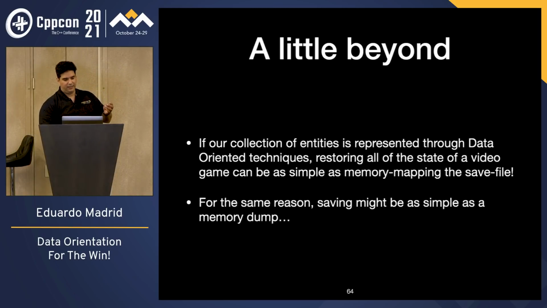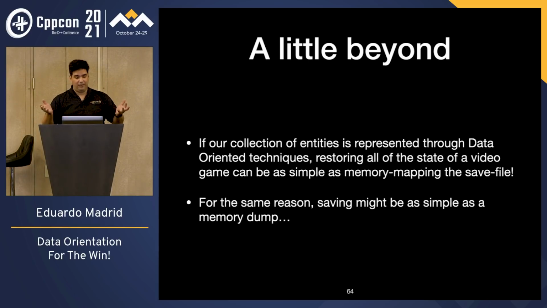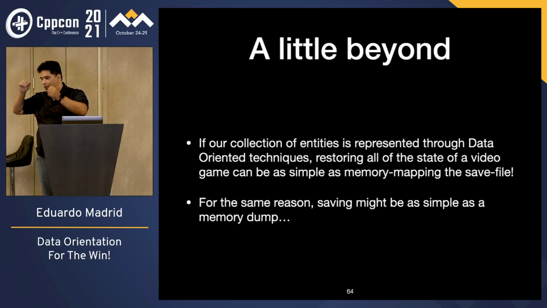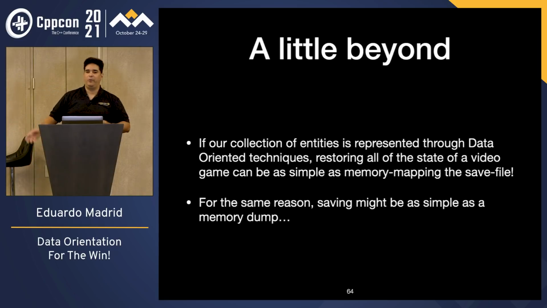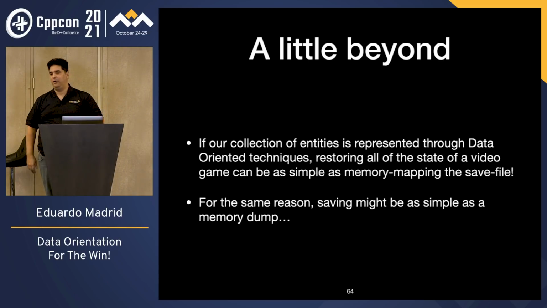So, if you have the equivalent state represented with scattering and arrays and stuff like that, you can probably get away with just taking a snapshot of the memory and persisting it. For example, in a video game, you have literally millions of objects, or our idea of objects, and if you persisted them as a memory dump, then you don't even have to read the file back to do the equivalent of a save game load.